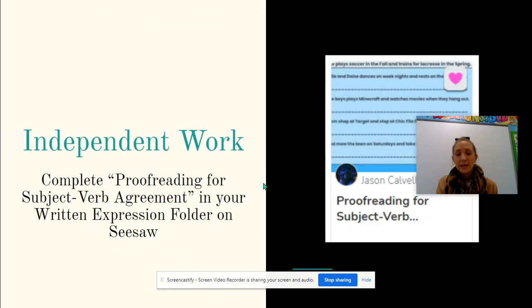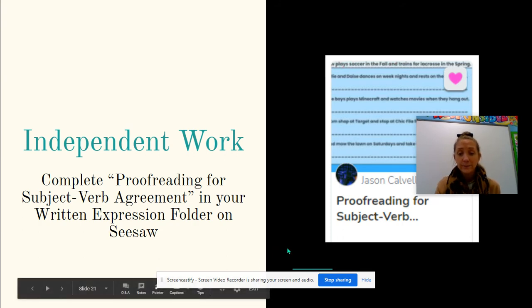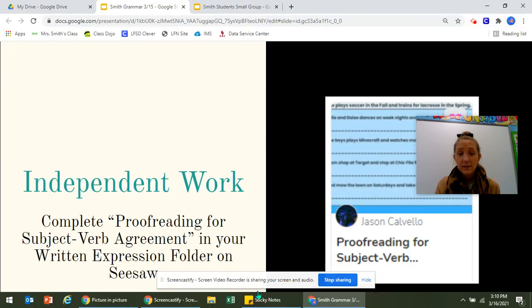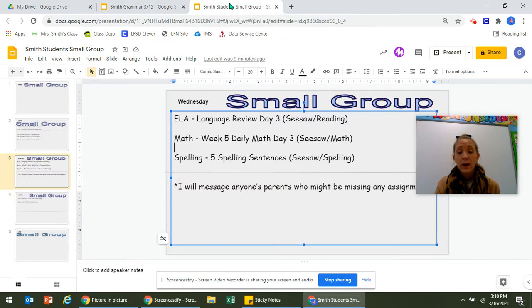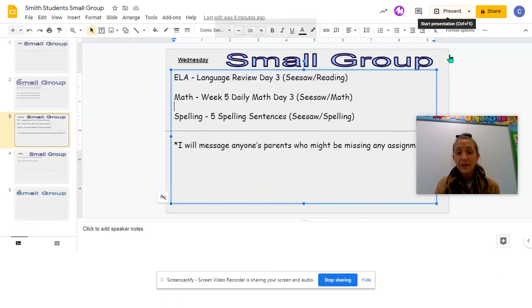Okay, here is your independent work for today. Your independent work is completing the proofreading for subject-verb agreement in your written expression folder on Seesaw. Your assignment is called Proofreading for Subject-Verb Agreement. Also, you have your small group assignment as well.